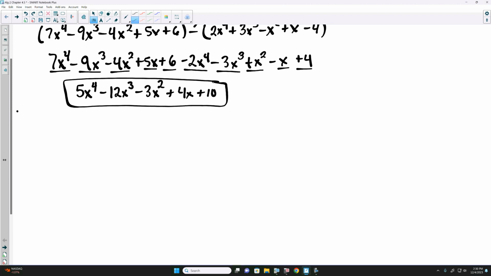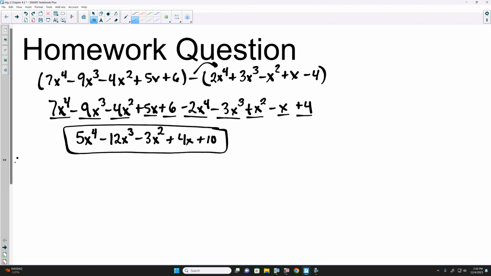Any other questions over the homework assignments? What about like a cube? Find a product. Oh, you put that in your calculator. We multiply it out.